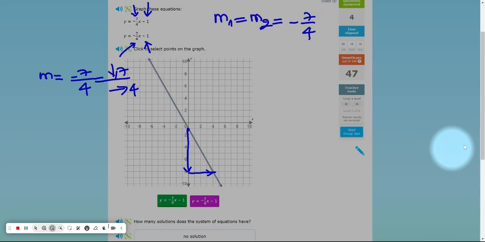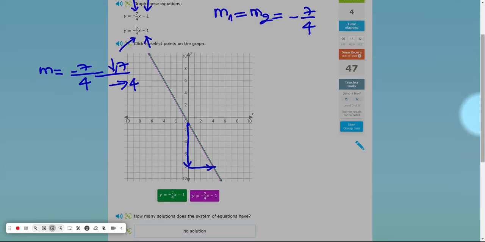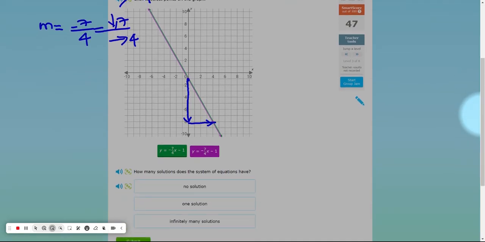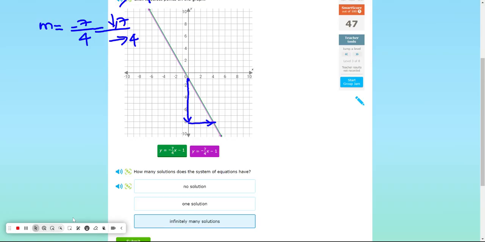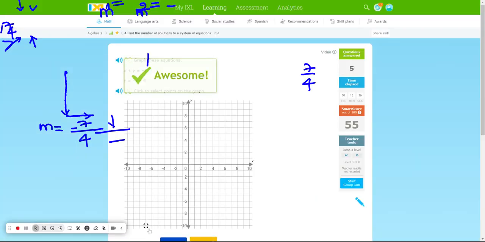It means they intersect at infinite points. Therefore they have infinitely many solutions. Now I submit. I'm done.